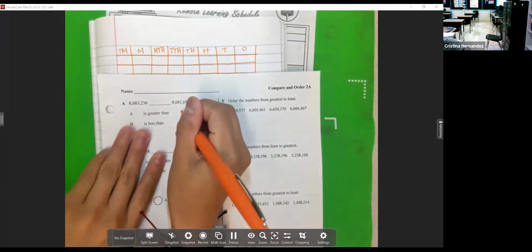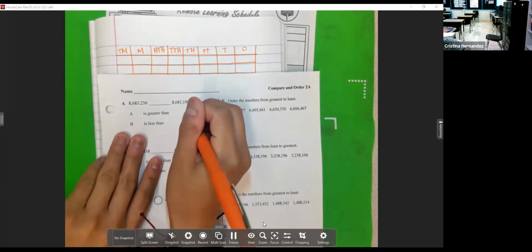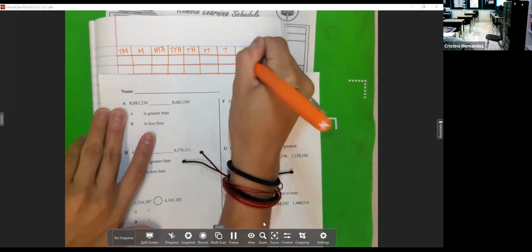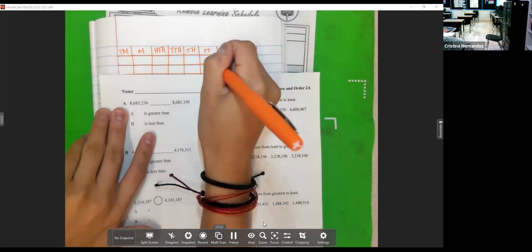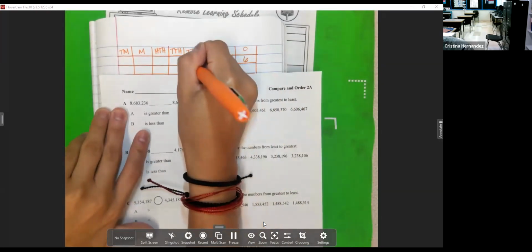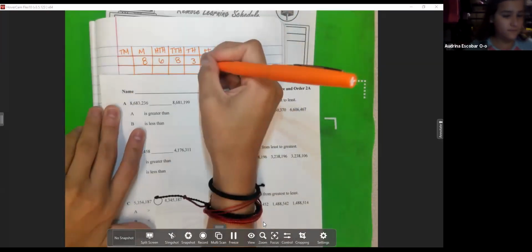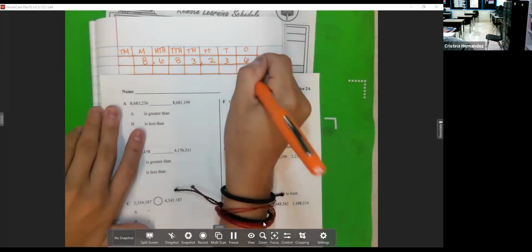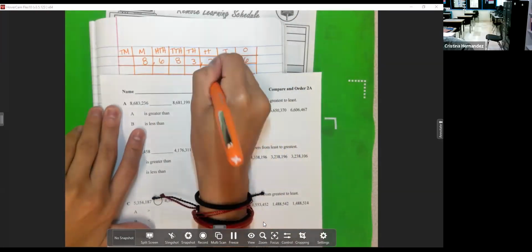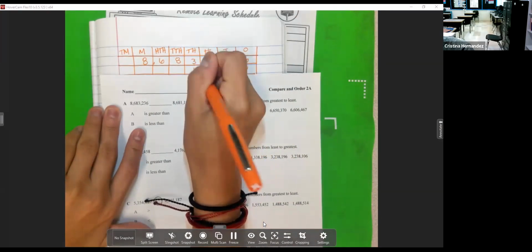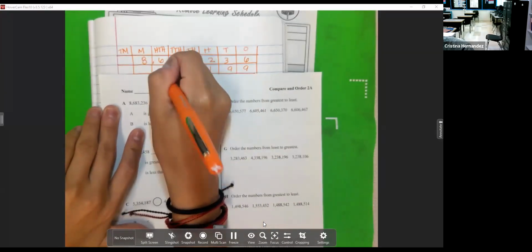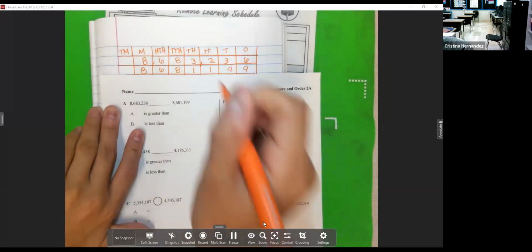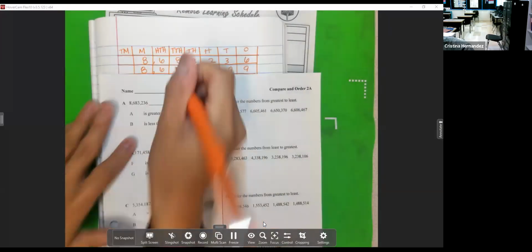Greater than or less than. Let's compare these.